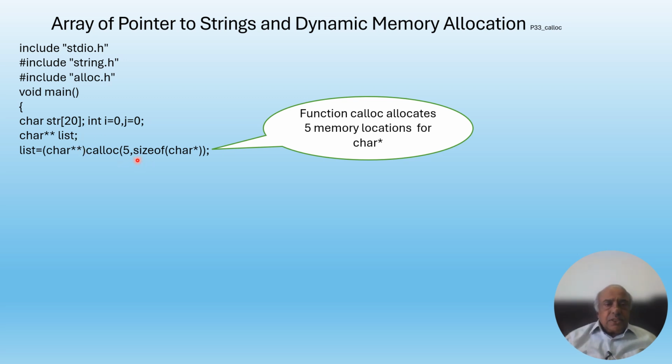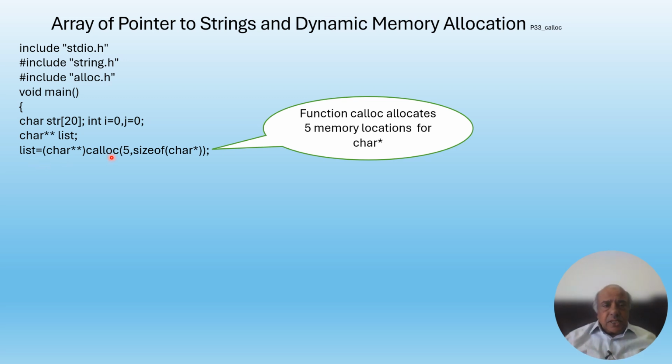As we discussed earlier, function calloc allocates 5 memory locations for char *. A char * is a pointer of type char, and any kind of pointer in C occupies 2 bytes in memory. So effectively there will be 5 into 2, 10 bytes, which will be available to the pointer list.